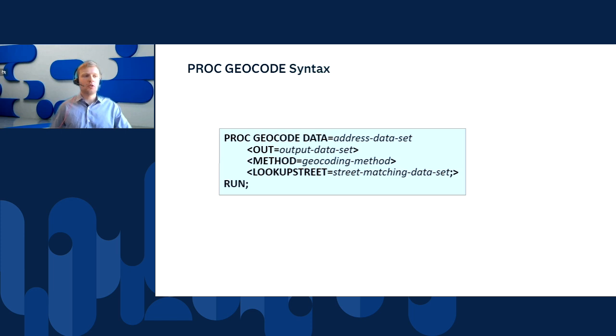So if you were geocoding street address data in the US, this would be the USM data set. And then there's lots of other possibilities. So if you have non-standard address component variable names, then you would specify that there. If you had a column that contained the city name, but it was named village or something, then you would need to specify where SAS should go to find the city name in the input data in that geocode procedure as well.